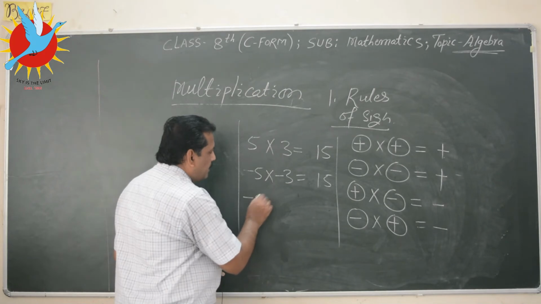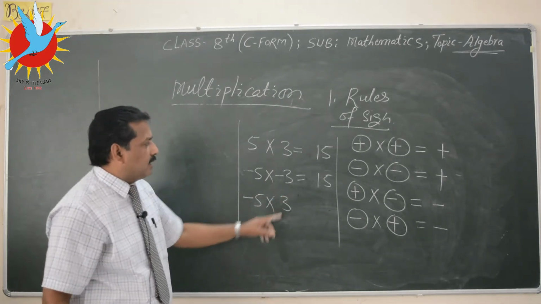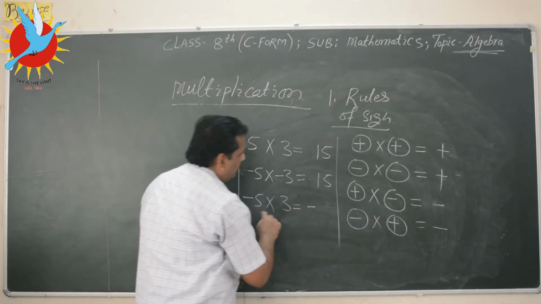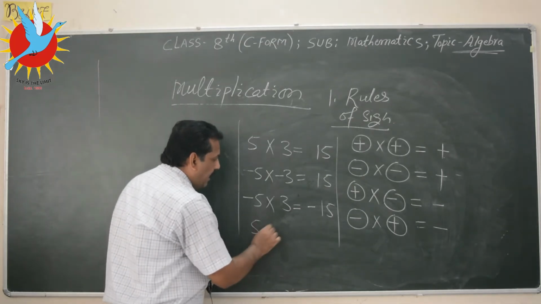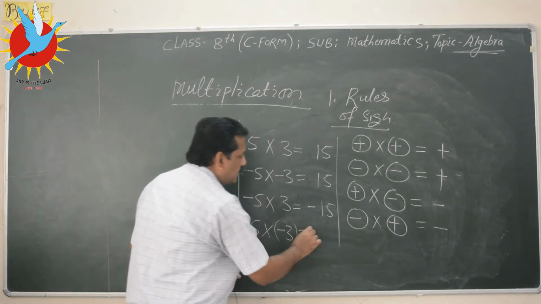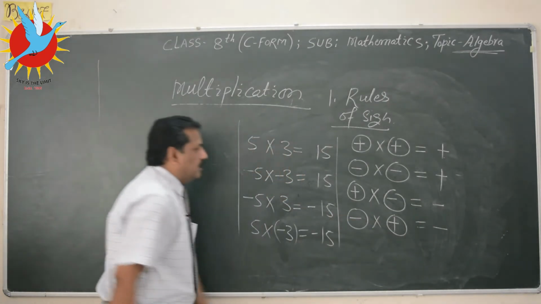What about minus 5 multiplied by 3? One is negative, the other is positive. The sign will be minus. So this is minus, and 5 3s are 15. And if this is positive and this one is minus 3, negative, this case also gives you minus 15.